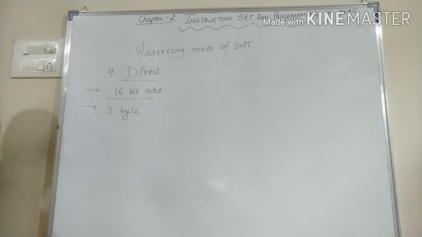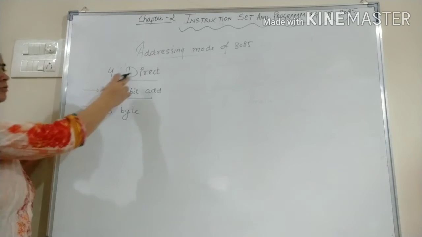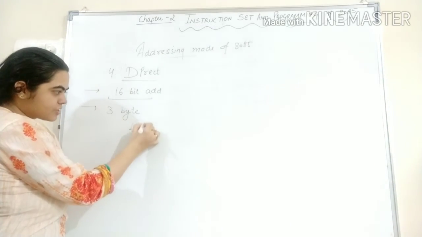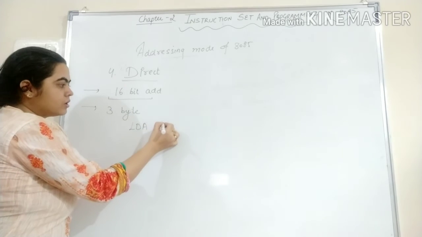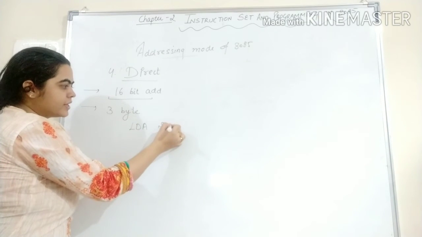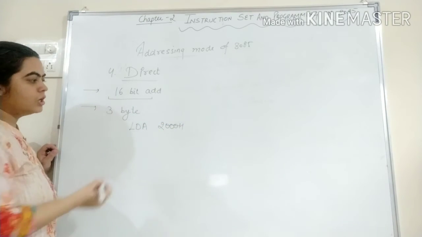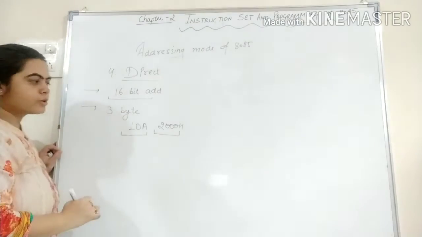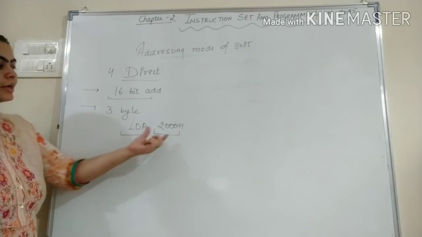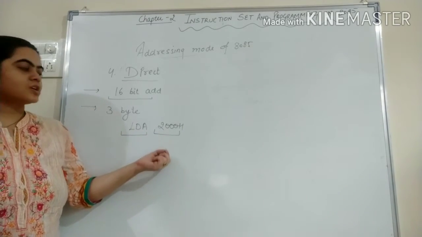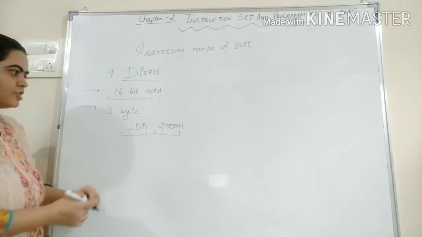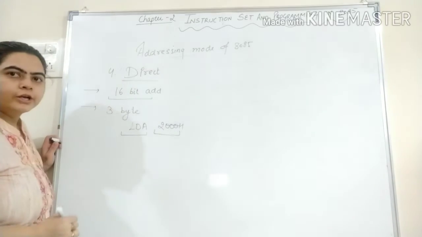Now students, we can see an example of direct addressing mode. For example, we have an instruction LDA 2000H. In this instruction you can see 2000 is the 16-bit address, while this is the opcode that is of 1 byte. So here a direct address is given in the instruction, and this instruction means whatever contents are present in this memory location will be loaded into the accumulator.